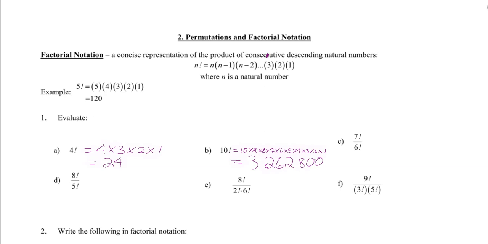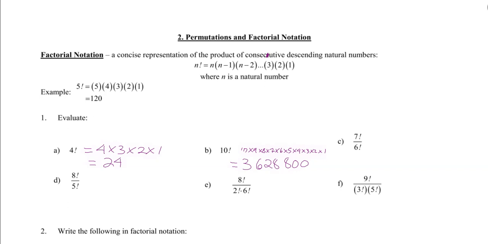One or two working away. What is it? Read it to me. 3628, another 8. So 3,628,800.